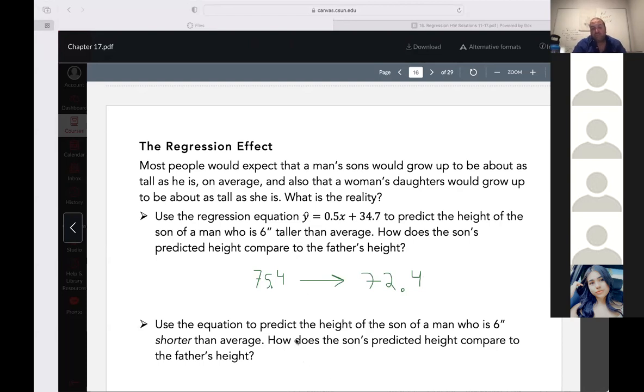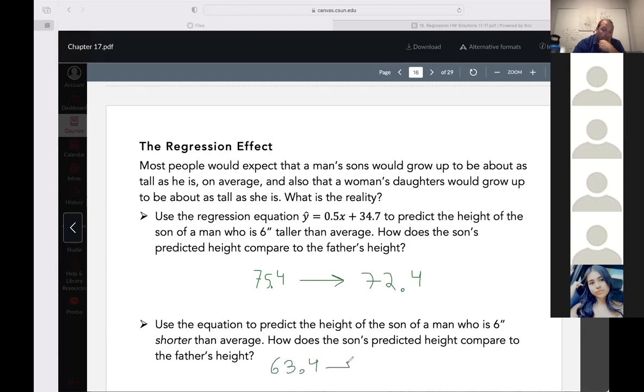And what if you were 6 inches shorter than average and you had a child? What would that child's height be? Well, first, what is 6 inches shorter than average? 63.4.